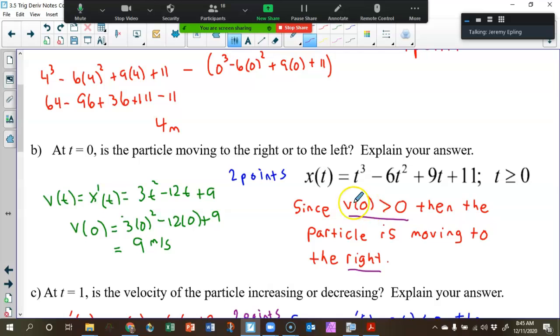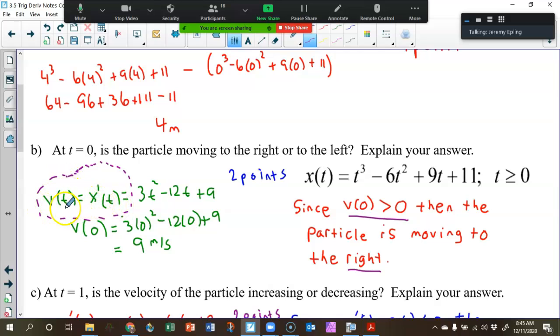So somewhere in my explanation, I have to talk about that the derivative is greater than 0. Now, little detail. If you talked about velocity is greater than 0 and you nowhere notated that velocity was the derivative, you won't get credit for the justification. Make sure somewhere in your work you have, and it could be dx/dt is equal to v, that's just fine, but somewhere in our work we need to have noted velocity is the derivative.